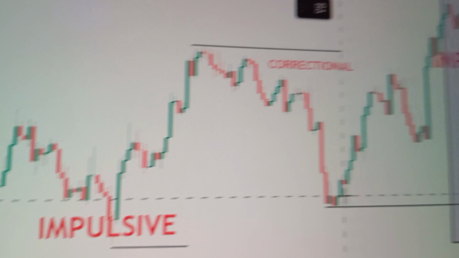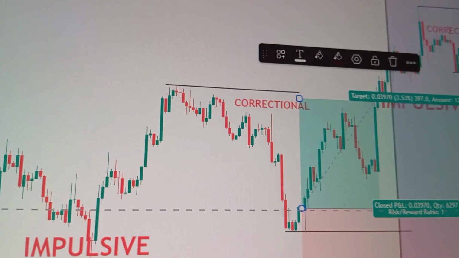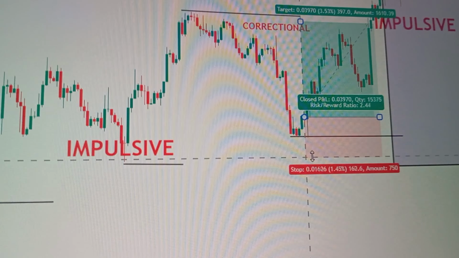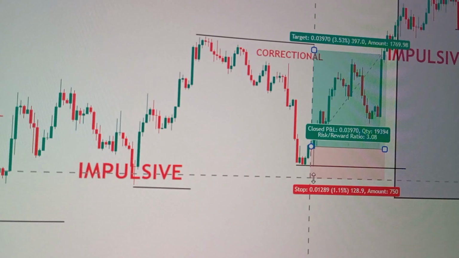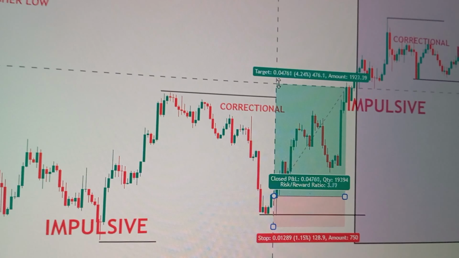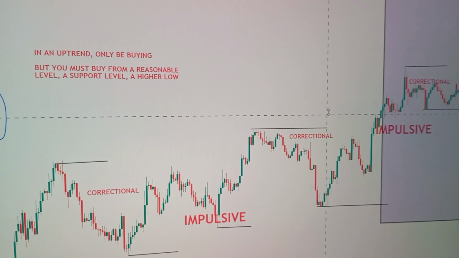Place your buy because you are buying from a good level, and then set your stop loss just below that higher low. Then extend your take profit level to be a little higher than the previous higher high, like this.